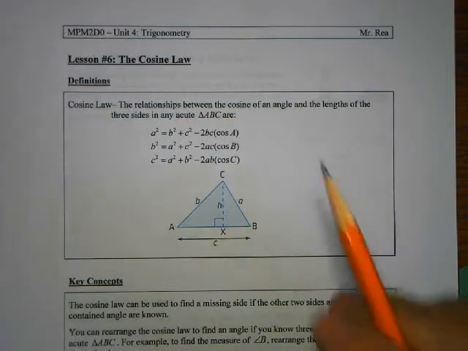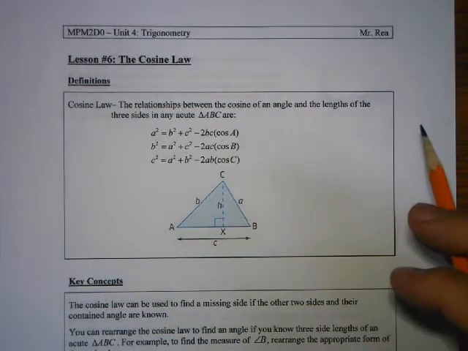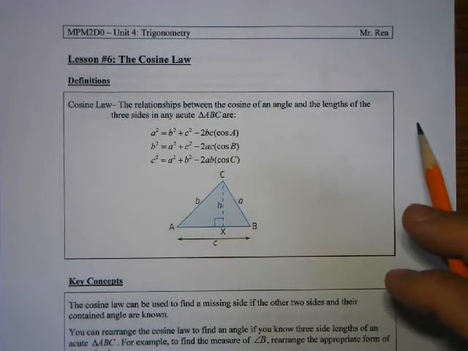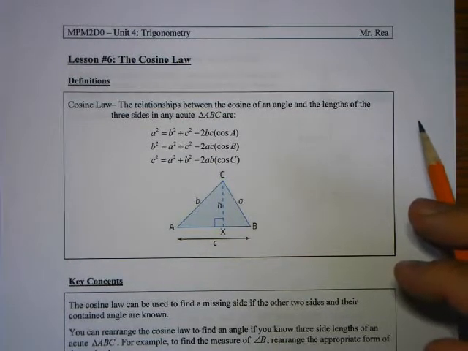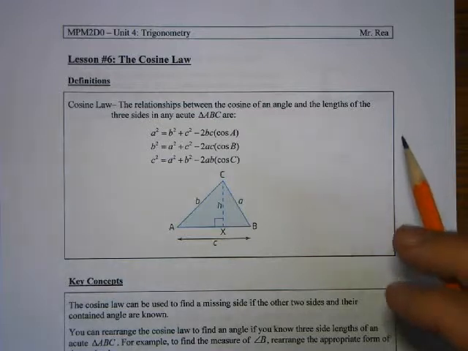Okay, so this last lesson is called the cosine law. If you remember the previous lesson, it was the sine law. So the sine law was a formula we used when we had a non-right triangle, no 90-degree angle, or at least we don't know for certain there's a 90-degree angle.